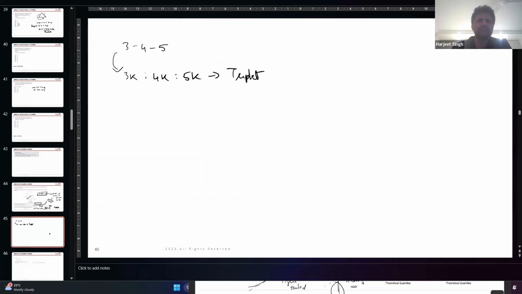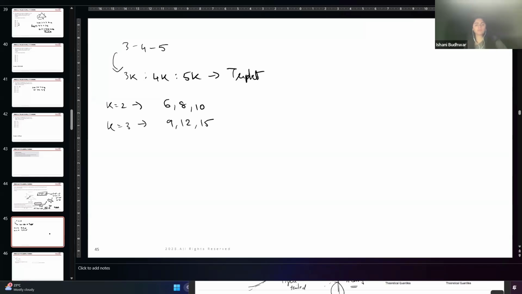Which means when k equal to 2, this triplet will become 6, 8, 10. When k equal to 3, this triplet will become 9, 12, 15. When k is 4, and so on and so forth, it becomes 12, 16, 20.